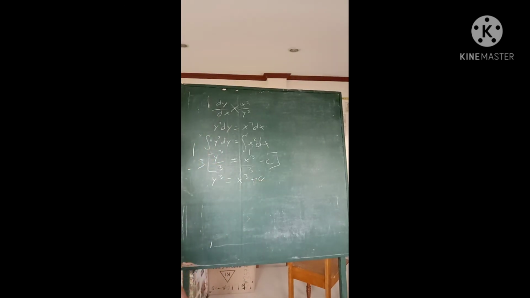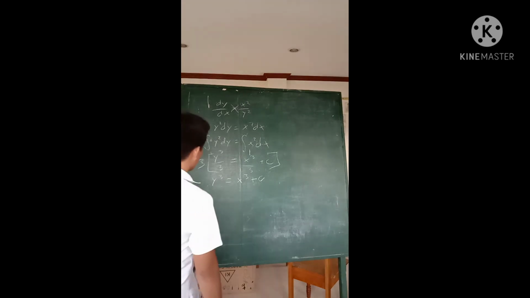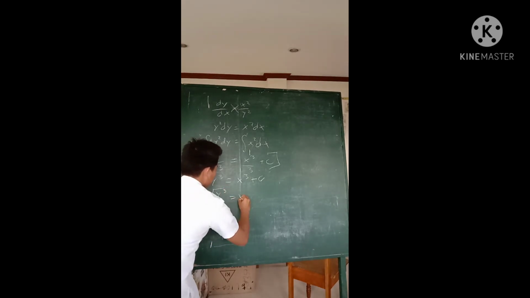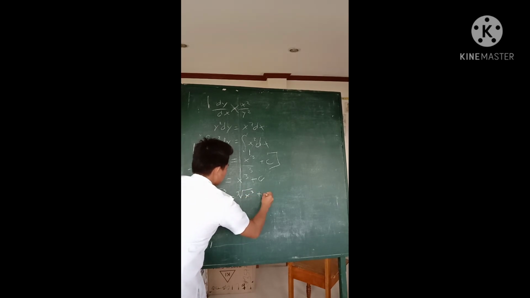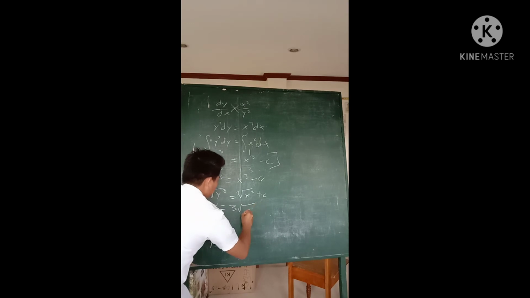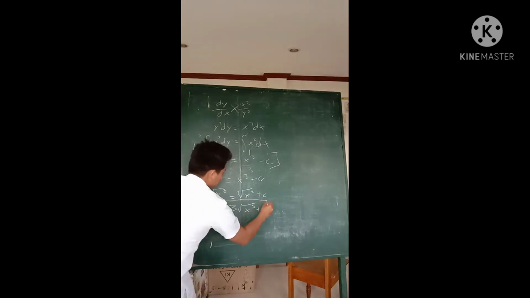Or we can take the cube root of both sides: the cube root of y cubed equals the cube root of x cubed plus c. So the answer is y equals the cube root of x cubed plus c. So that's the final answer.